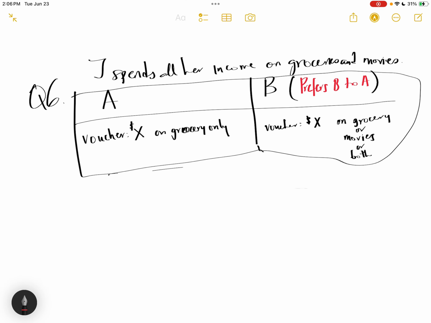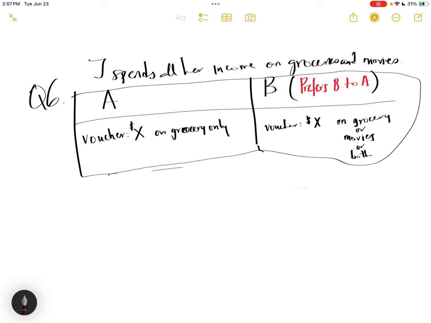Okay, next question. This is also coming from a multiple choice question, but I want us to take just the question and work our way through it to see what the conclusion is, right? So we have a consumer J spending all their income, or her income, on groceries and movies. So there is some income that already exists in consumer J's pocket.